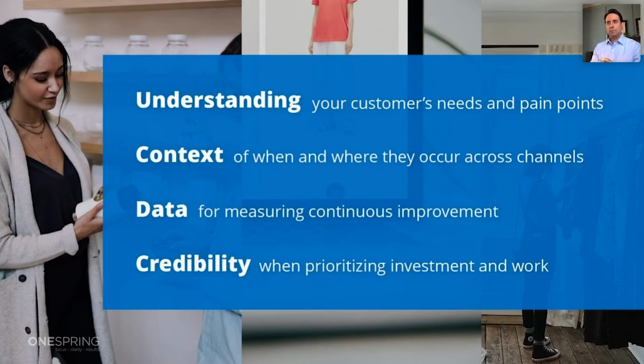And if there are pain points, how do you prioritize that into a roadmap where you may take action later and try to get budget on those items as well? So it's a way to build credibility internally because you're basing it on research and you're mapping it out in an easy to view document where you can actually walk through it with stakeholders and identify what actions need to be taken down the road, maybe in a roadmap.